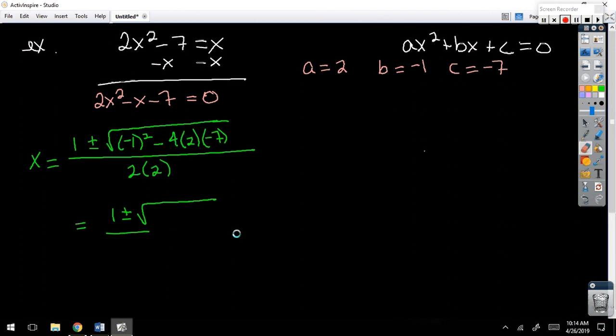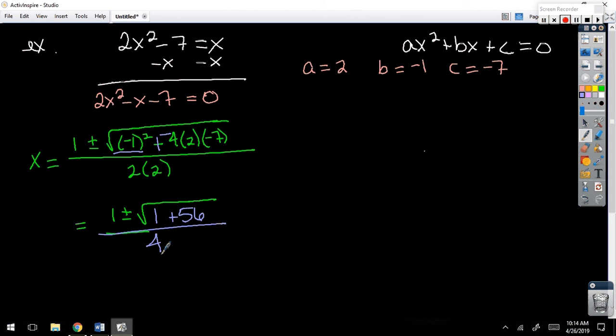The problem is if you just do negative 4 but you don't change the subtraction sign in the middle, you're going to have the wrong sign. So if you're wanting to do that, here's what you have to do. You have to do same, change, change. And so now it's 1 plus, what is negative 4 times 2 times negative 7? 56. It's the same thing.